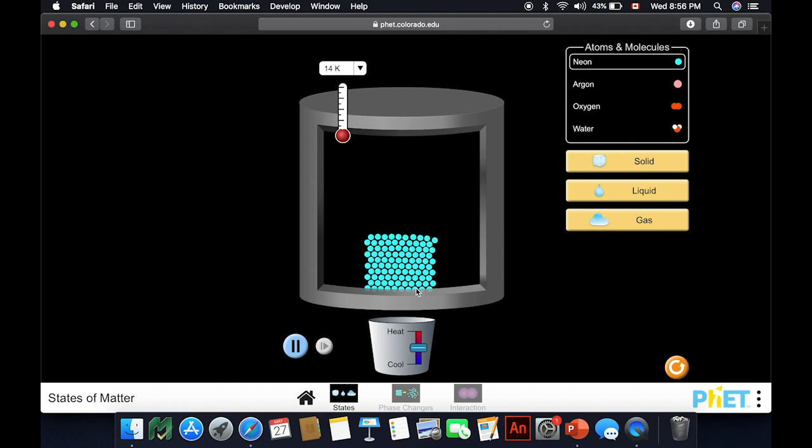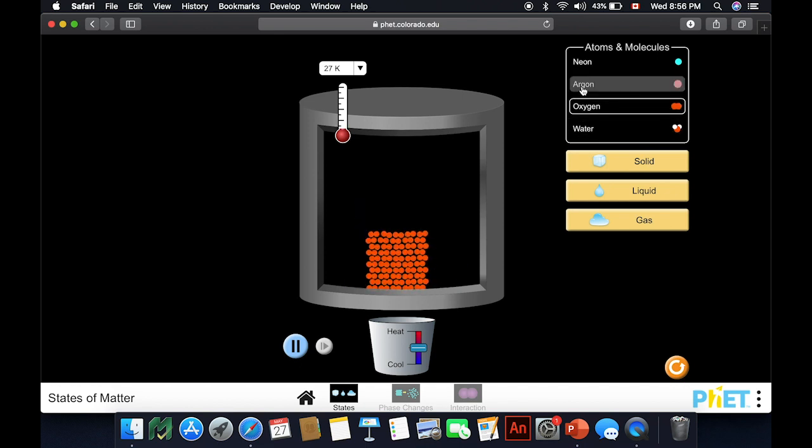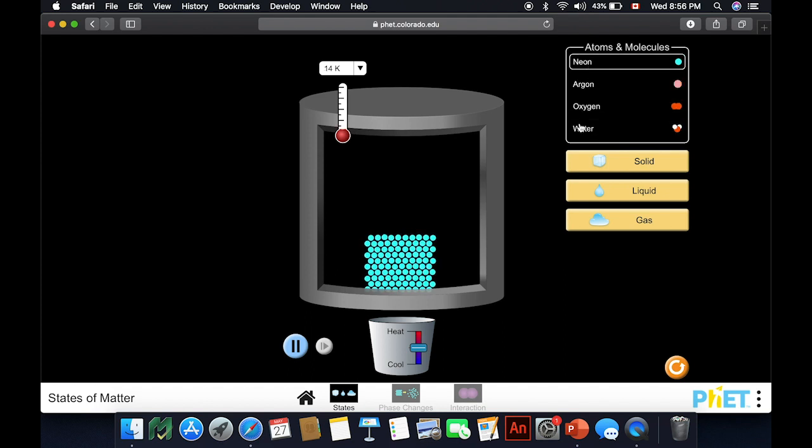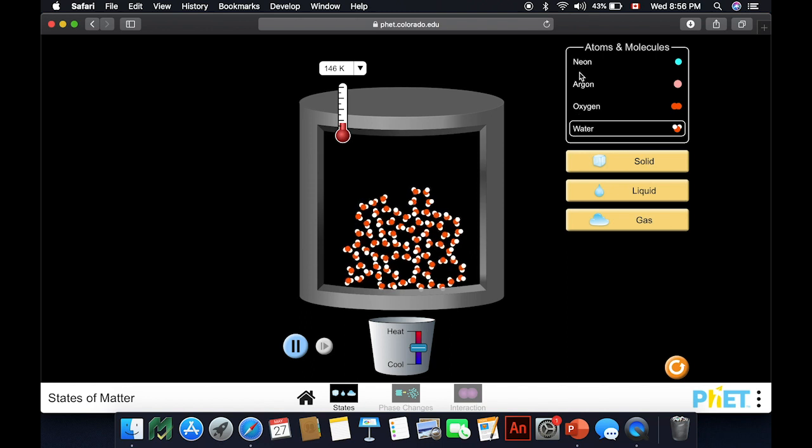I'm going to show you the thermal contraction example and a little bit of an example of changes of state. I've got different types of matter that I can be using here. Just to show you, I'm going to use, not water. Water is a little bit more complicated. Actually, we'll use neon.